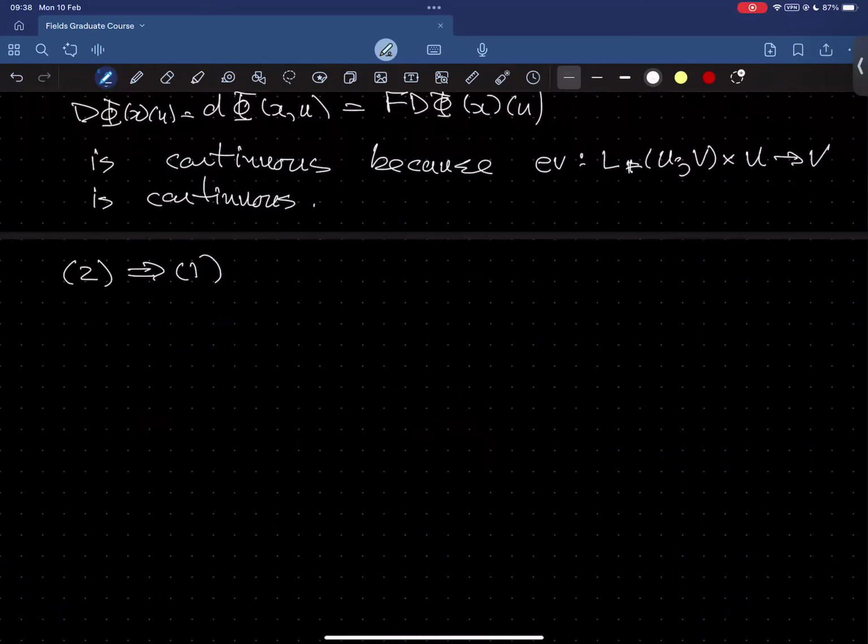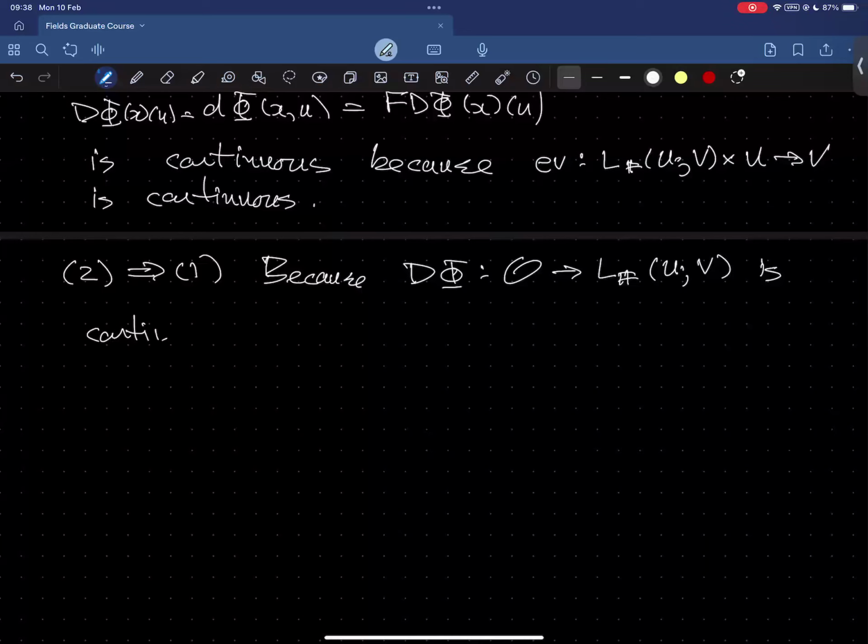So because d phi is assumed to be continuous, that's part of the hypothesis in this case, if x is in O, there exists a convex neighborhood.